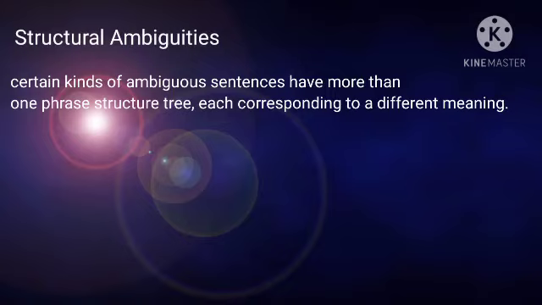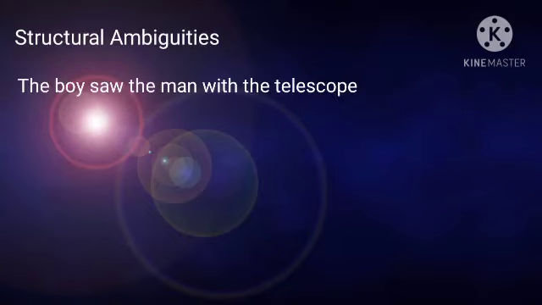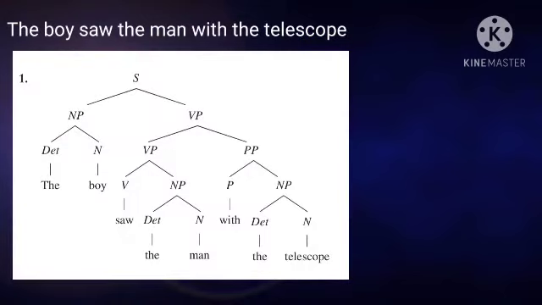The sentence "the boy saw the man with the telescope" is structurally ambiguous. Its two meanings correspond to the following two phrase structure trees. One meaning of this sentence is "the boy used a telescope to see the man." The first phrase structure tree represents this meaning.